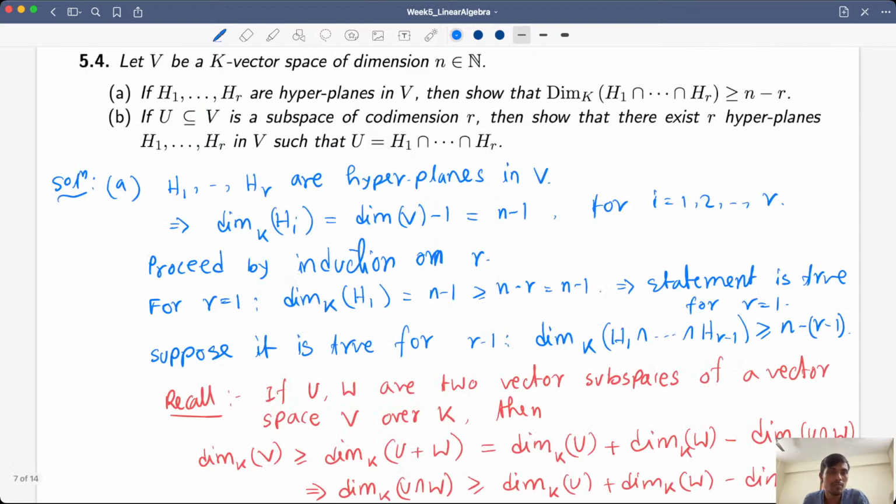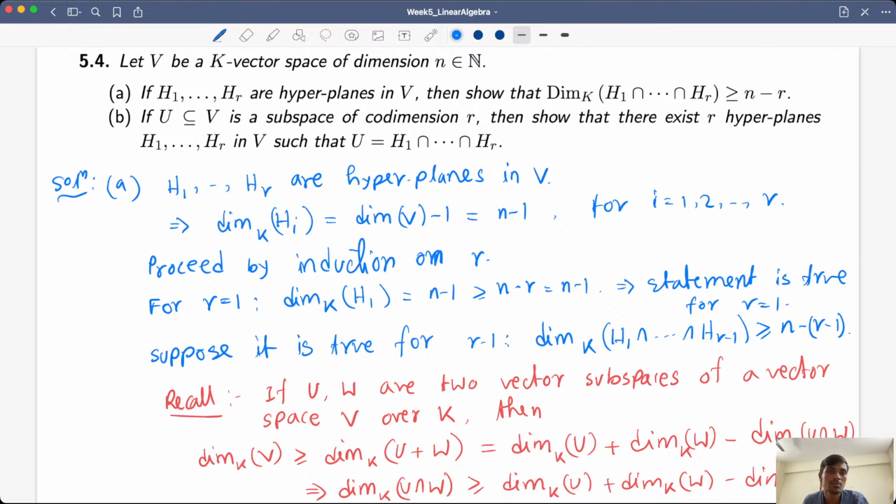Now for the B part, if you are given a subspace of codimension r, then the claim that you need to show is that there exist r hyperplanes such that you can write U as the intersection of those r hyperplanes. From the previous part we know that if you take r hyperplanes and take their intersection, the dimension is at least n minus r.